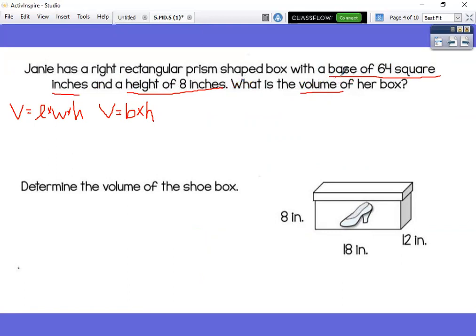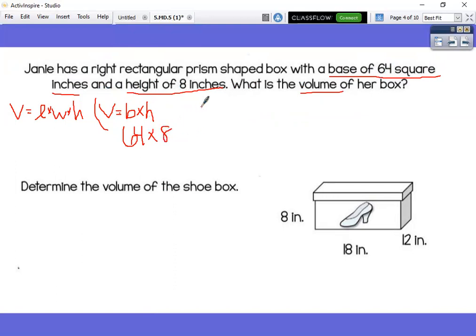The first bit of information I underlined tells us that the base is 64 square inches. So my second formula is going to be the best formula to use. The area of the base is 64. The height is 8 inches.